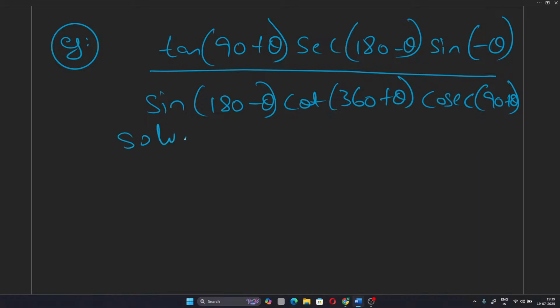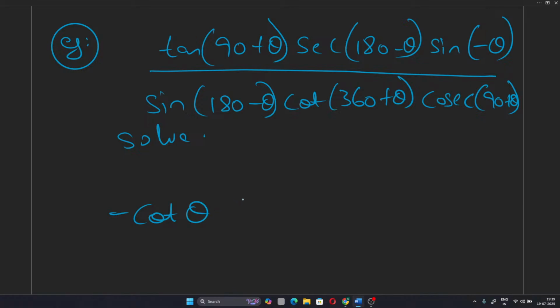Now we can convert tan 90 plus theta. It is in the second quadrant, so it will be negative. In the second quadrant only sine and cosecant are positive, so minus cot theta.